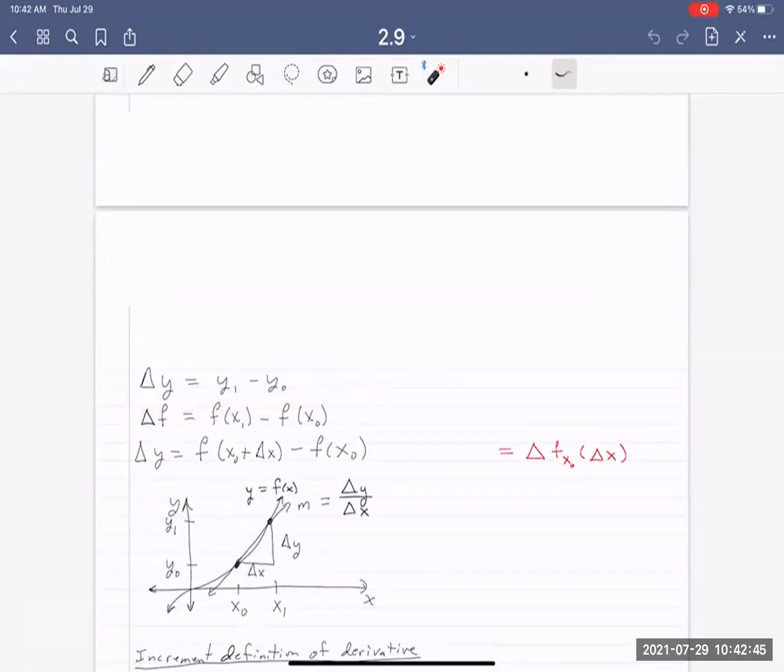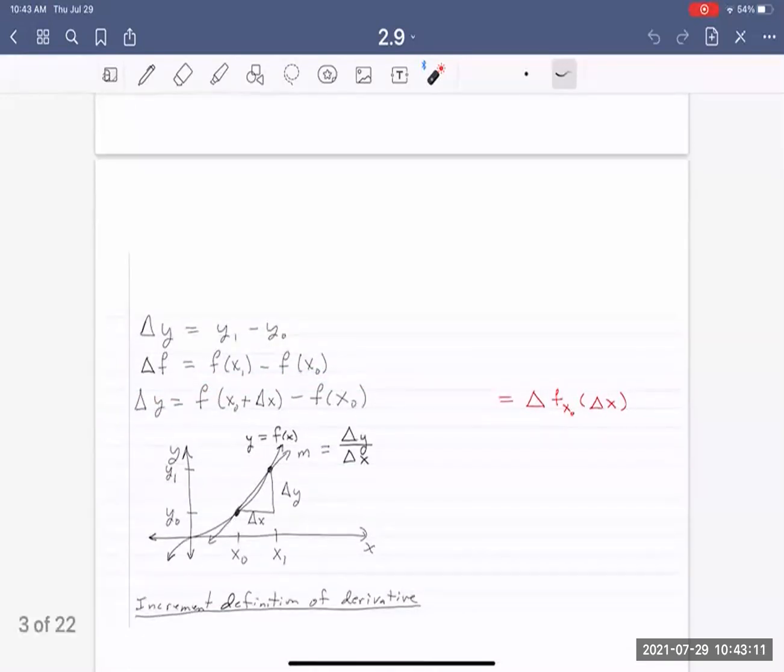Delta y is the change in y, y sub 1 minus y sub 0. And so if I write it as a function f instead of y, delta f is equal to f of x sub 1 minus f of x sub 0.